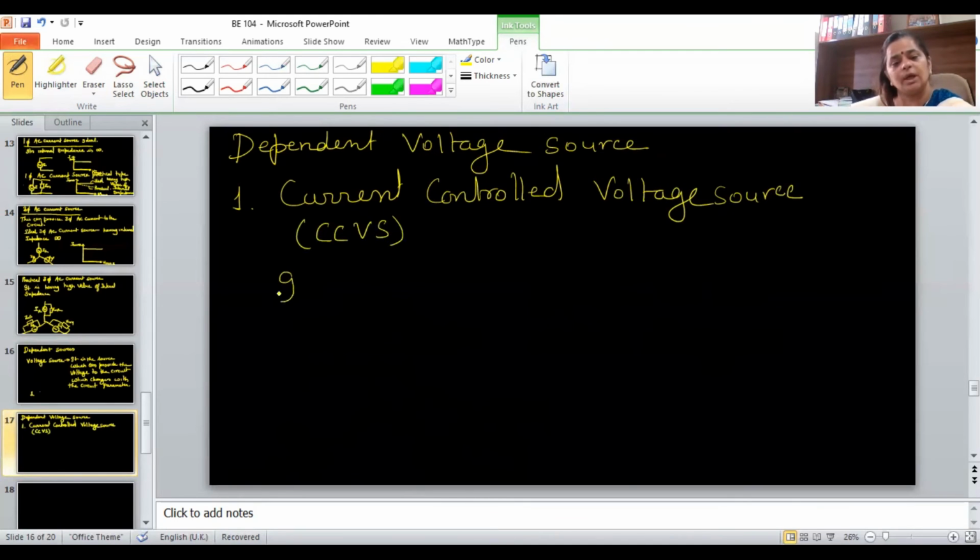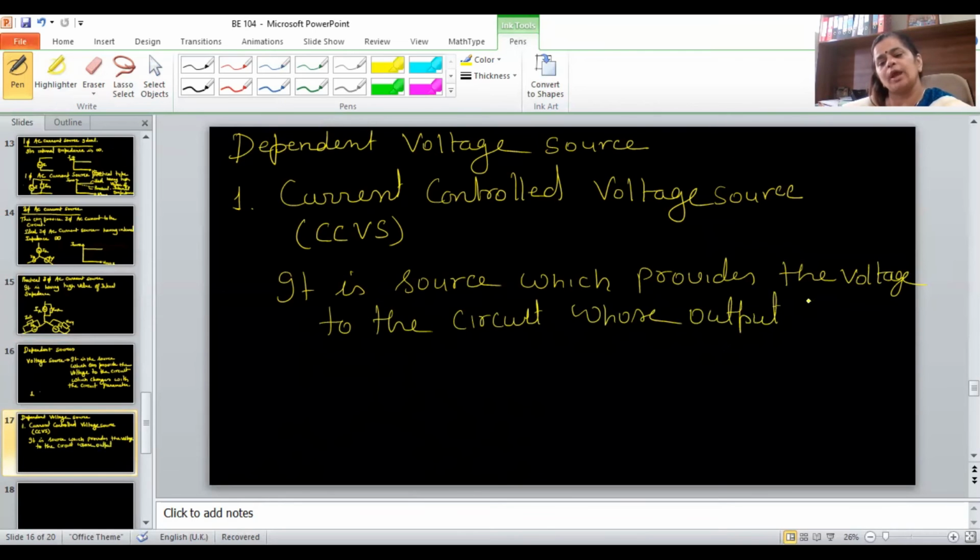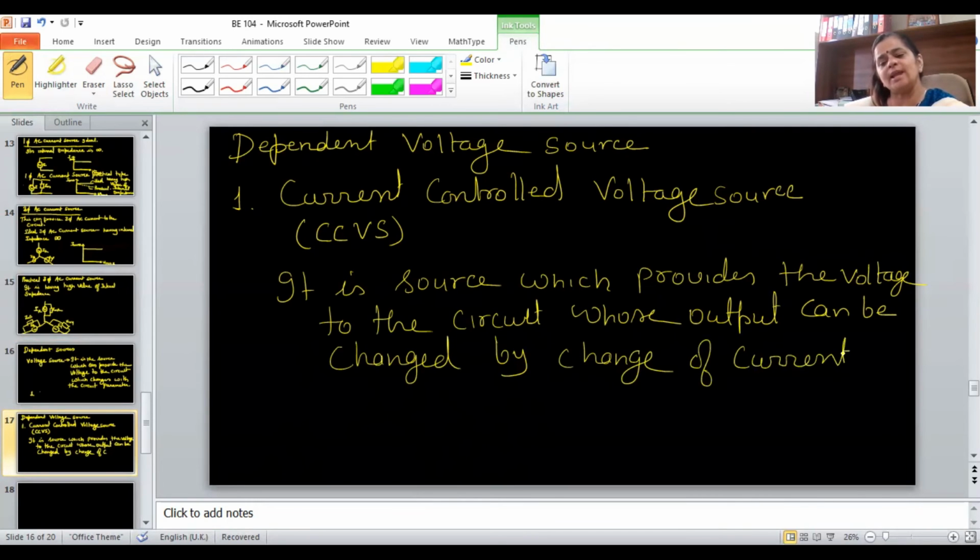It is the source which provides the voltage to the circuit whose output can be changed by change of current in any element of the circuit. And what is the symbol?